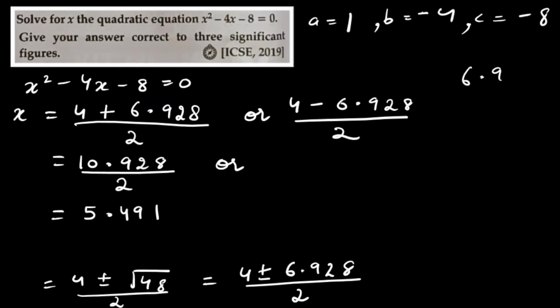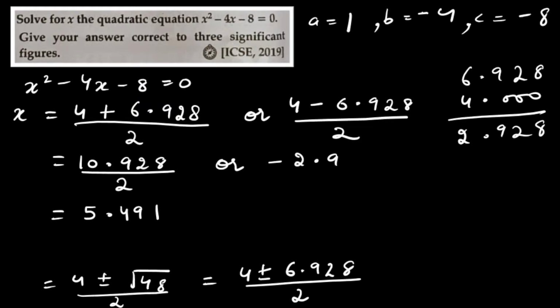So 6.928, because it's a greater number, we have to subtract 4. So it is 2.928, minus 2.928, because with the greater number, the minus sign is there. It's negative 2.928, not positive.